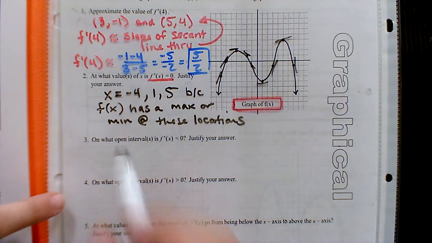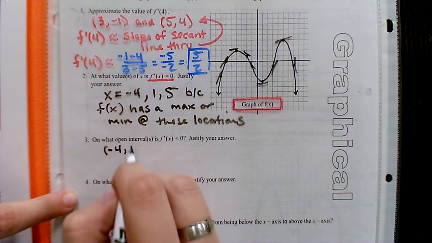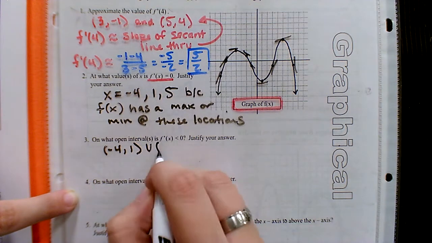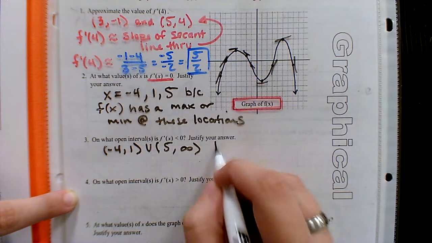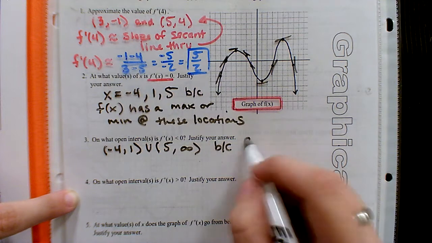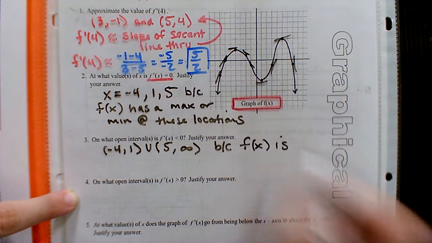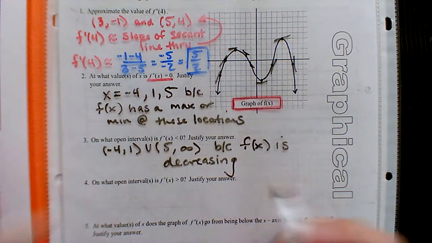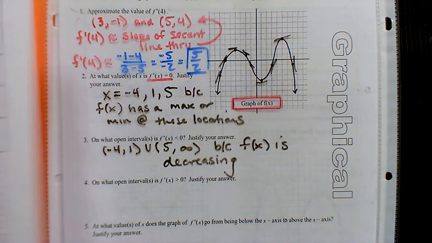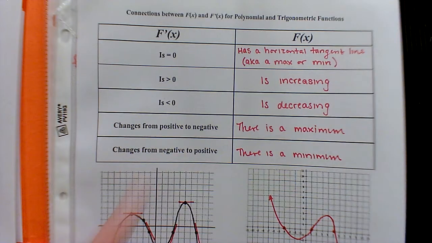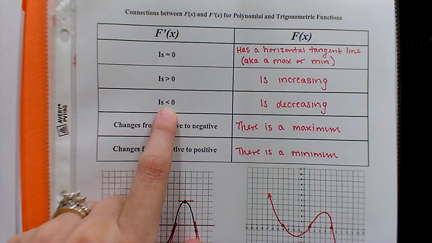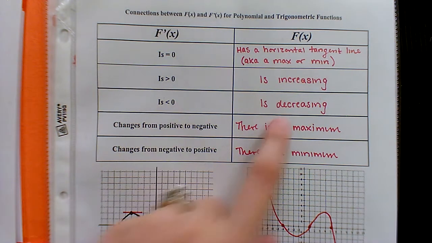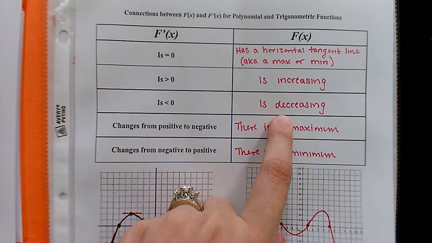What do you think, Joseph? -4 to 1, okay. And 5 to infinity, because f of x is decreasing. Okay, notice again, based off of our chart, the slope we said was less than 0 because the f of x graph was decreasing.